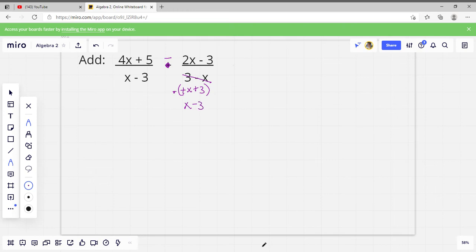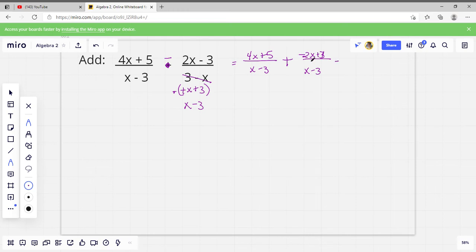All right, so now I'm going to have 4x plus 5 over x minus 3 minus 2x minus 3 over x minus 3. So our bottoms are like terms. All right, so now I've got 4x minus 2. So if I want to get rid of this minus and make this be adding, I could change it there, and that would make that be negative and that be positive.